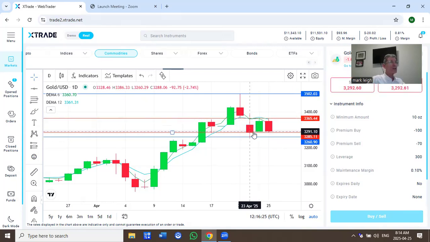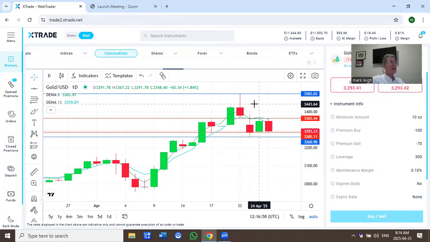Selling gold, the range: 3,364 is resistance, 3,285 support. So that is about an $80 range already, going into the US session, which is a wide range. Sellers will want to test below this 3,285. Next level on the downside, 3,263 support. Buyers, of course, will want to test and break above today's resistance at 3,364 and continue with the uptrend.